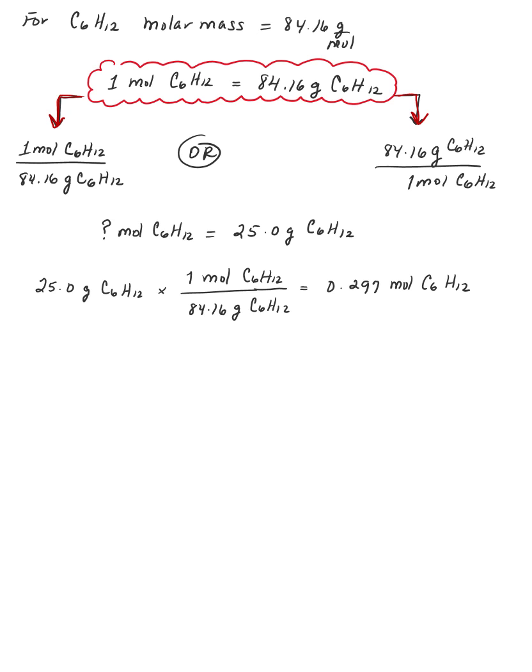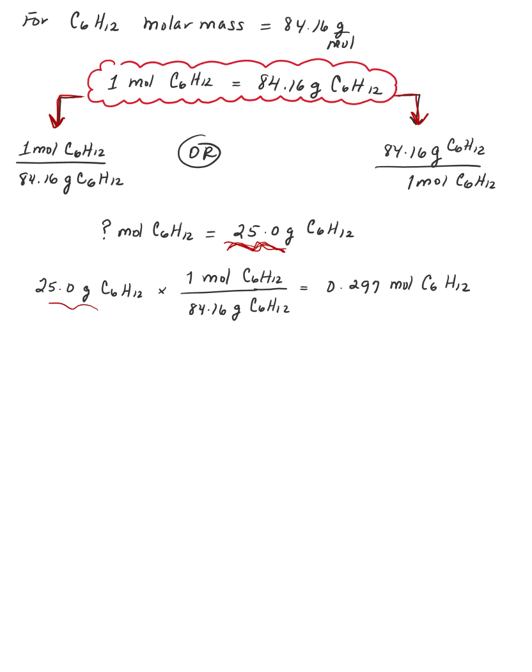So if 84.16 grams is equivalent to 1 mole, we can use that to find out how many moles you have if instead of having 84.16 grams, you have 25 grams of C6H12. So I'm setting up my calculation. Look, the given amount is your 25.0 grams of C6H12.